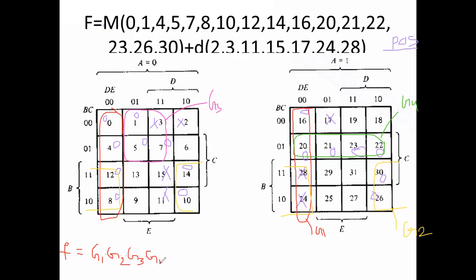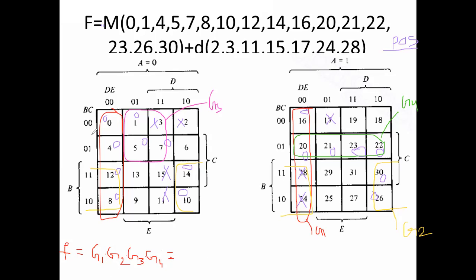So the 4 groups. This belongs to product of sums, that's why we take the function like this. Now take Z1 and write the expression for Z1.